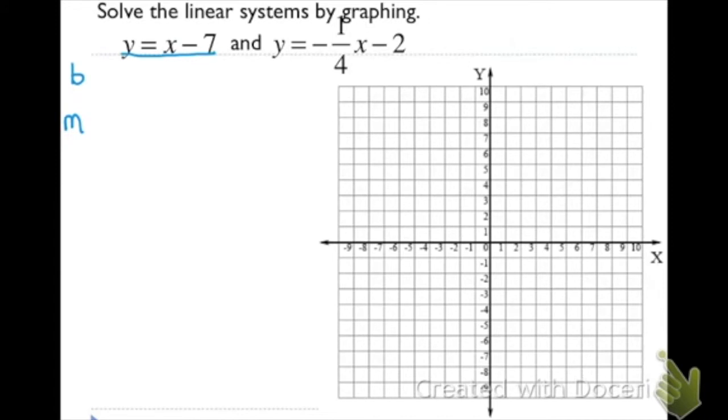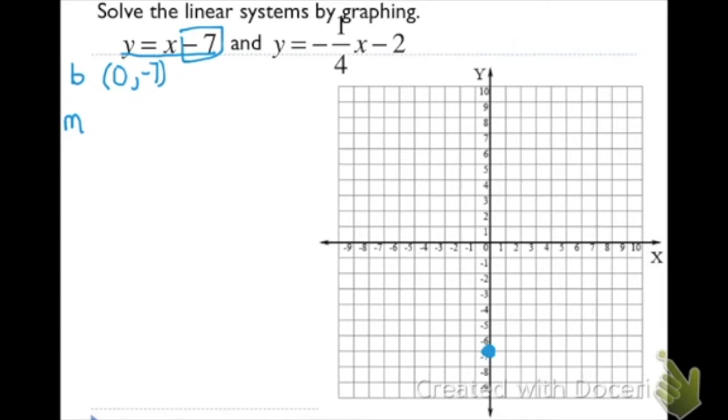Okay, so on my first equation, I'm looking up here, and my y-intercept is -7. So I'm going to plot a point at (0, -7). Nice big fat point. And then I'm going to go over here and I'm going to identify my slope.